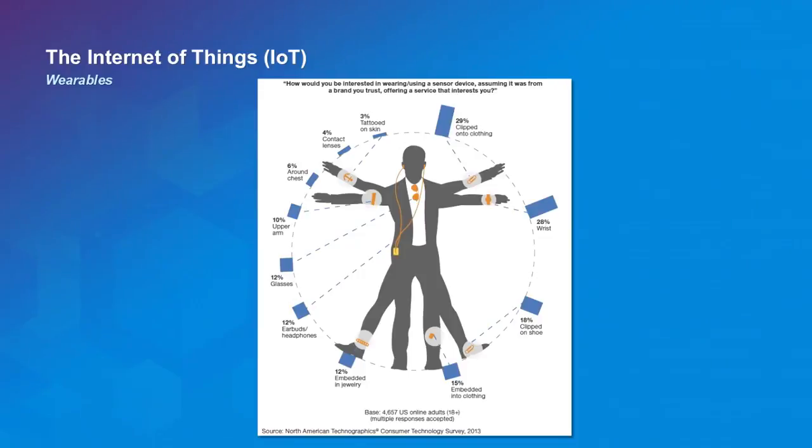For example, 20% say clip on my clothing. 28% say on the wrist. 18% say embedded into clothing. 3% say tattoo on my skin, right? 4% say in my contact lenses. And I saw one application that already does that with contact lenses. Interesting.